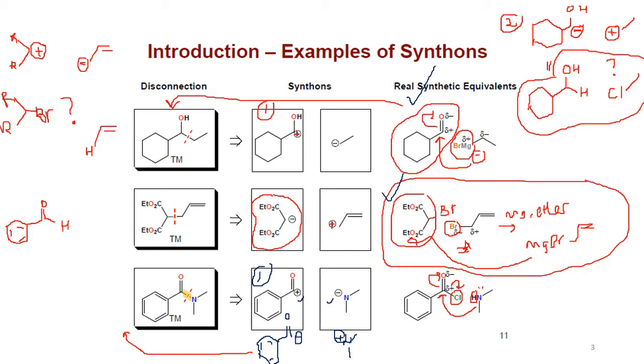Then the second synthetic equivalent is, because it is positive, we need something minus. Let's say we put chlorine. But does this compound exist? Does this nitrogen with chlorine compound exist?